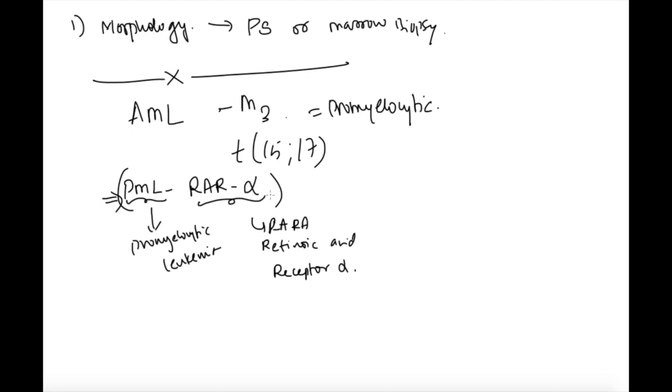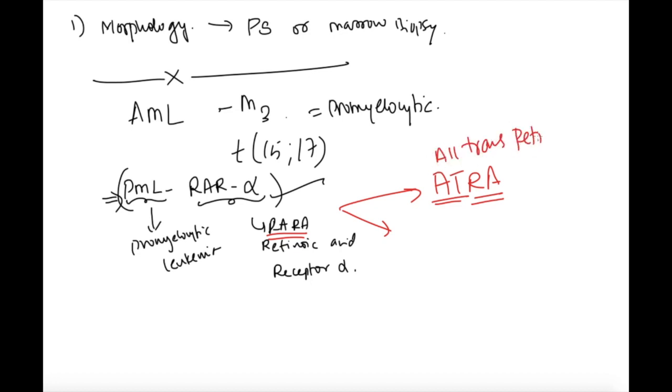Because of the presence of this receptor, the treatment of this condition is a little different. So we can give drugs which act on this receptor. Those are two things. One is you can give ATRA, all trans retinoic acid, or you can give arsenic trioxide.